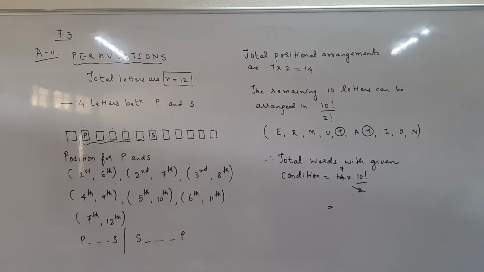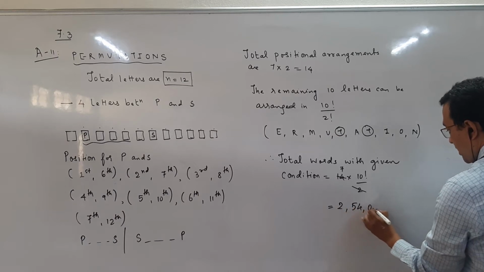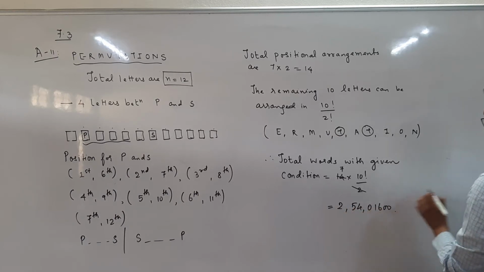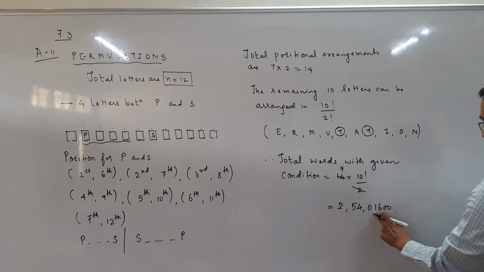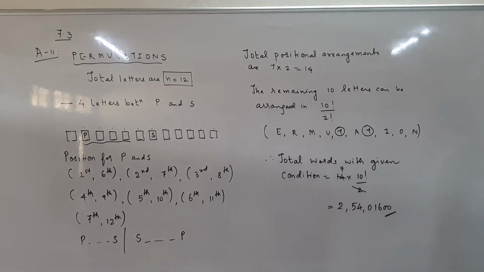It is 2 crore 54 lakh 1600. Unit, 10, 100,000, 10,000 lakh, 10 crore. So this may be, students. It is simple multiplication which I have to calculate, students, beforehand.